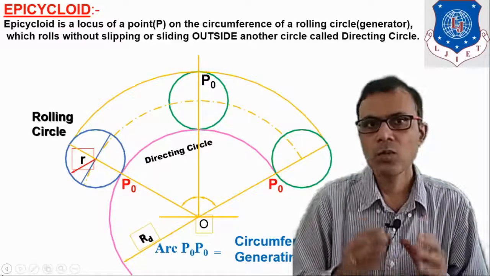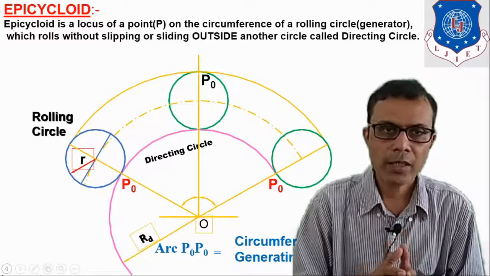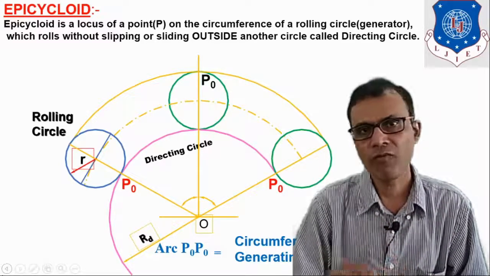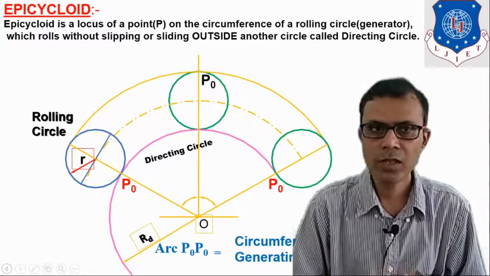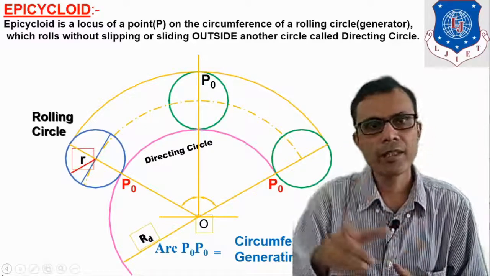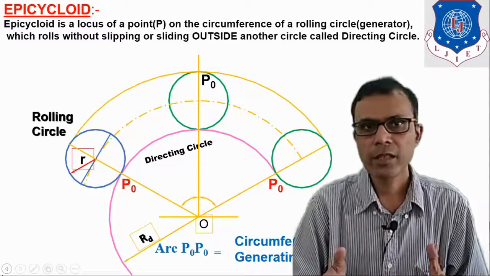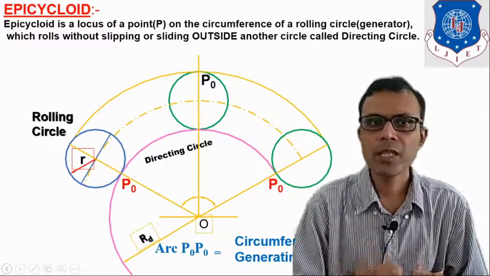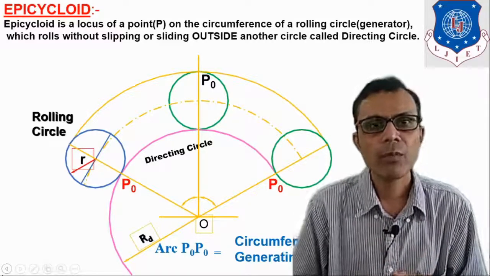This rolling circle will subtend an angle theta when it completes one rotation, because the directing circle radius is larger as compared to the rolling circle.